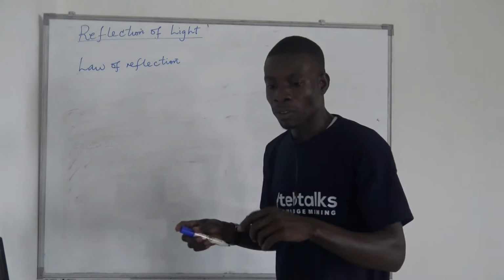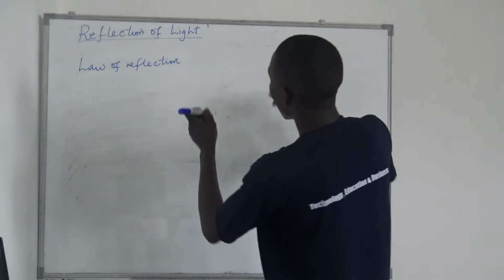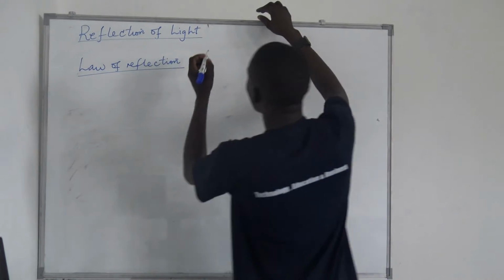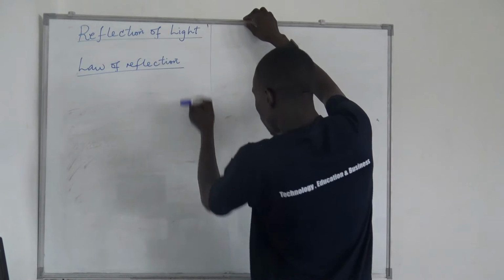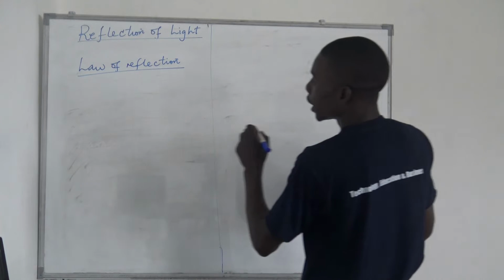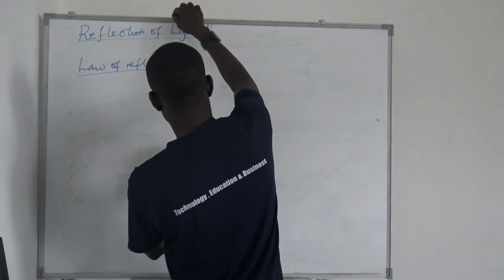Laws of reflection of light. Actually, before looking at the laws of reflection of light, I would briefly take you through some few terminologies that we're going to be looking at under the laws of reflection of light.